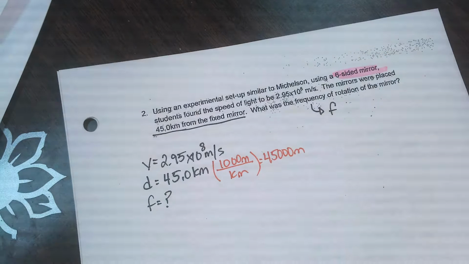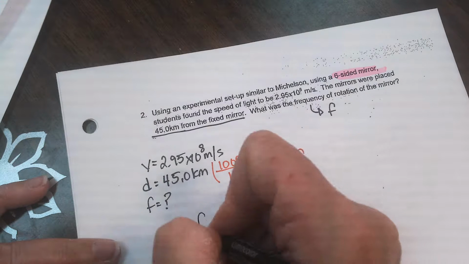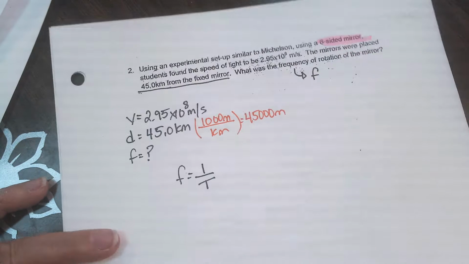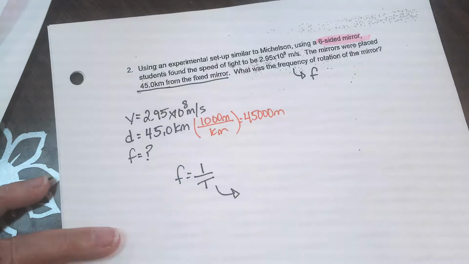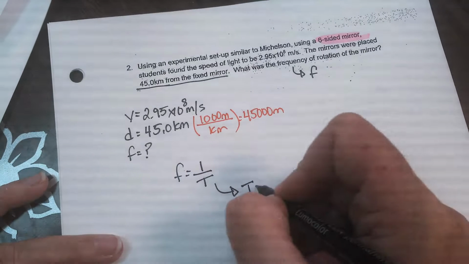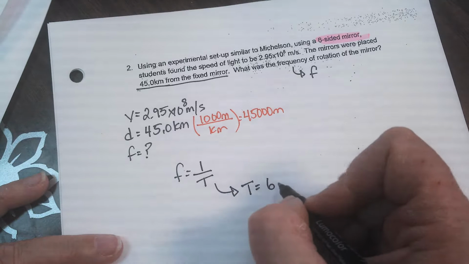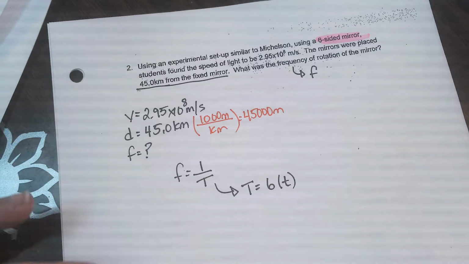Okay, and so how do we solve for frequency? Frequency is solved by 1 over period. Okay, well, how do I know how to find period? Period is going to be equal to 6 sides times the time for one of those sides to rotate.